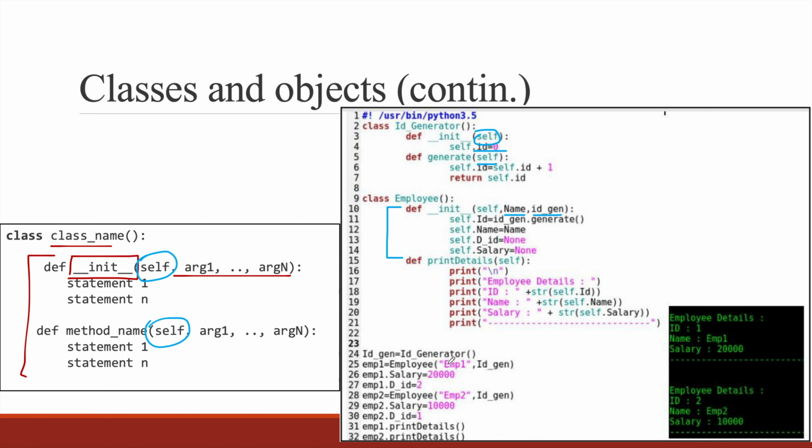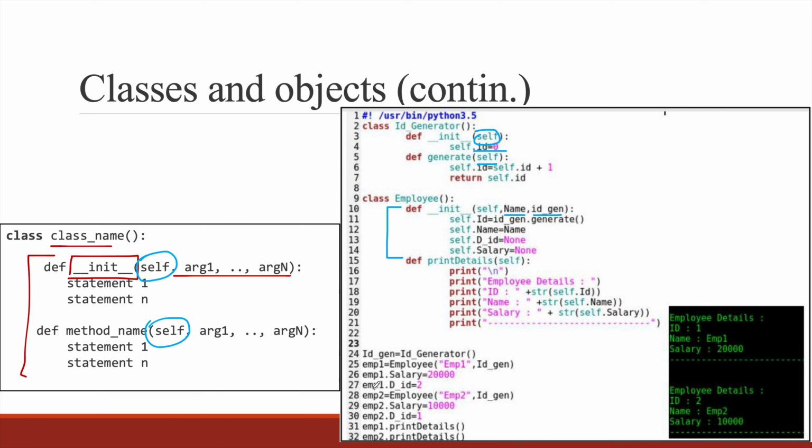We pass two arguments, emp1, which is the name, and we pass the ID generator as a second argument. And then for employee1, we add the salary. We didn't add this value as part of the constructor, we added it afterwards, and it became 20,000.